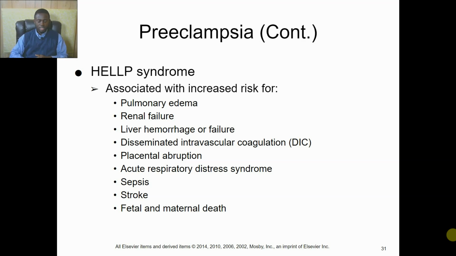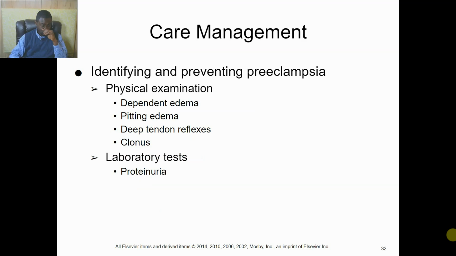With all this being said, the end result is that the mother or the fetus can die as a result of these complications. And this is why we have to really mitigate the effects of preeclampsia.